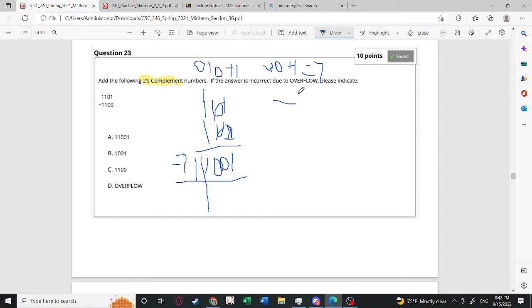So that is 3. This one is 0, 1, 1 plus 1, which is 4. That is negative 7. So this one is correct. So you get B.